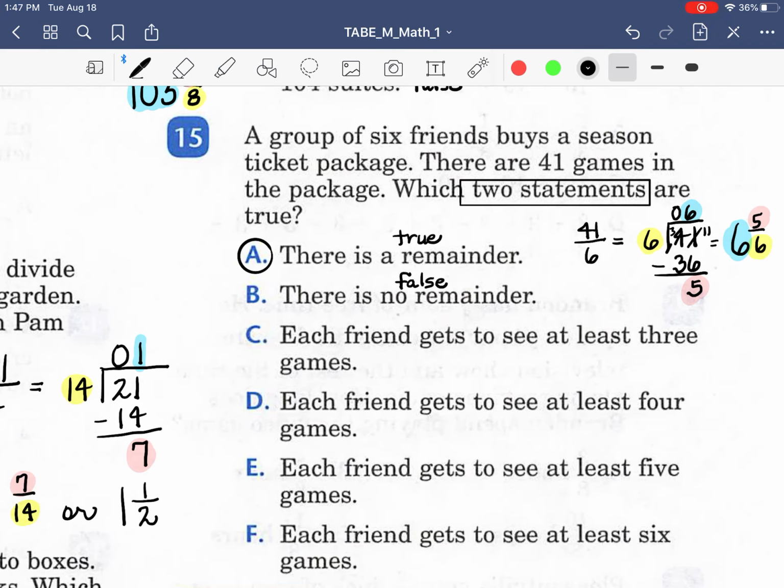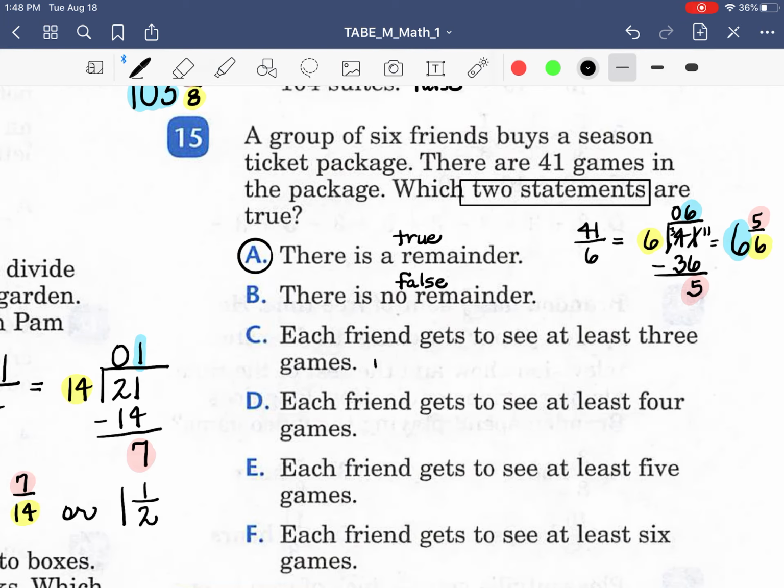That is technically true, but that's not what they're looking for. I have a problem with that one. Each friend gets to see at least 6 games, but C is technically true. They do get to see at least 3 because 6 is more than 3.